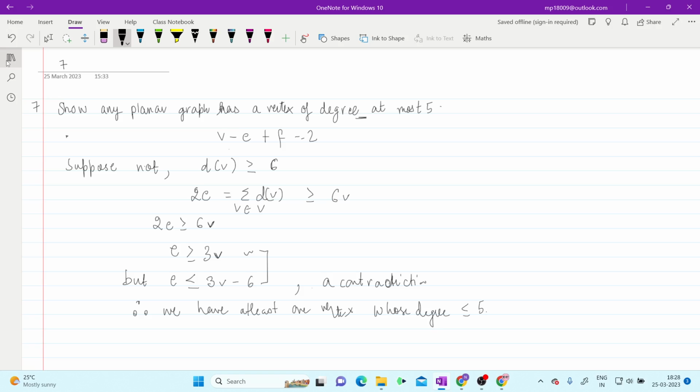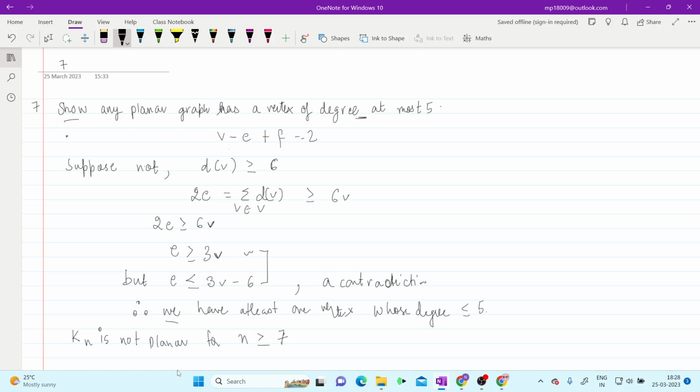So from this exercise we can also conclude that Kn is not planar for n greater than or equal to 7, because for a planar graph we should have at least one vertex whose degree is less than or equal to 5.